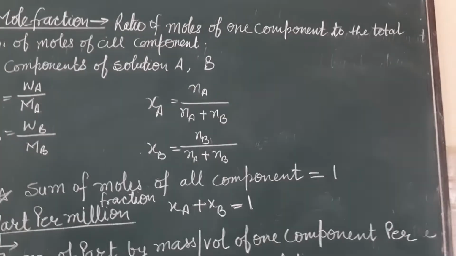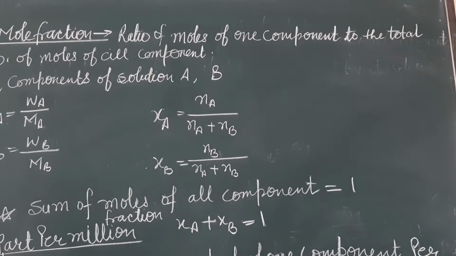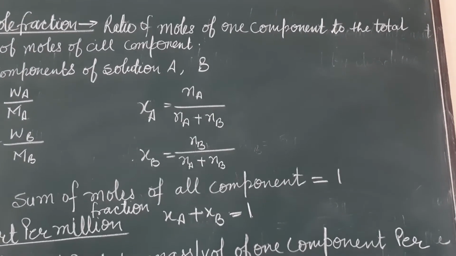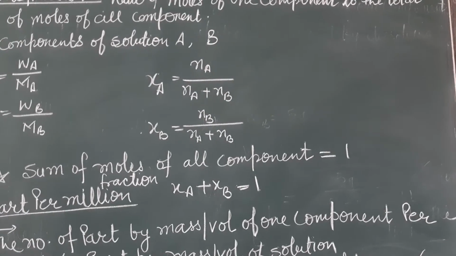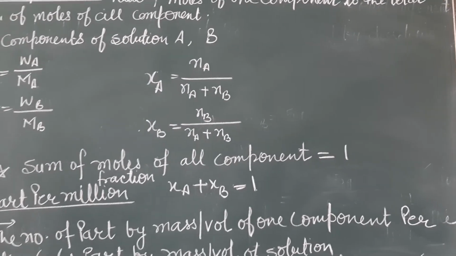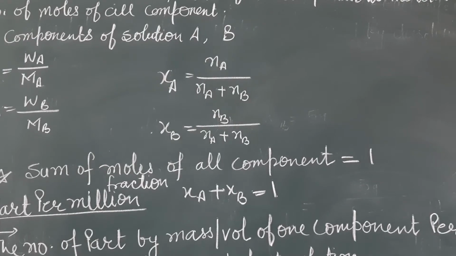Now, what is mole fraction? Mole fraction of A is equal to the number of moles of A divided by the total number of moles of solution, that is NA divided by NA plus NB.